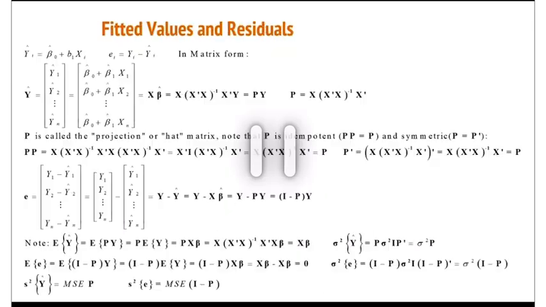After having the model, can I talk about fitted values and residuals? Without having your model estimated, you can't talk about fitted. Fitted is predicted. And the moment you talk about fitted, you're going to talk about residual, because residual is the difference between the actual and the fitted.